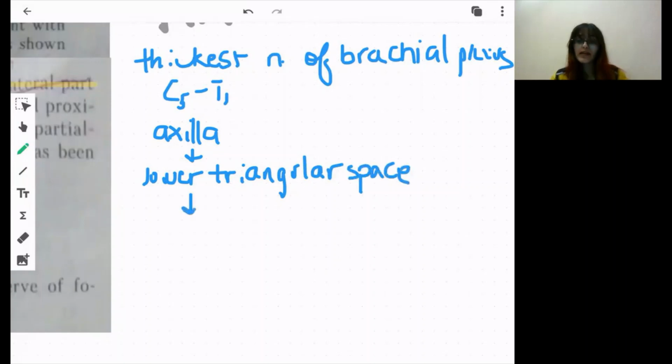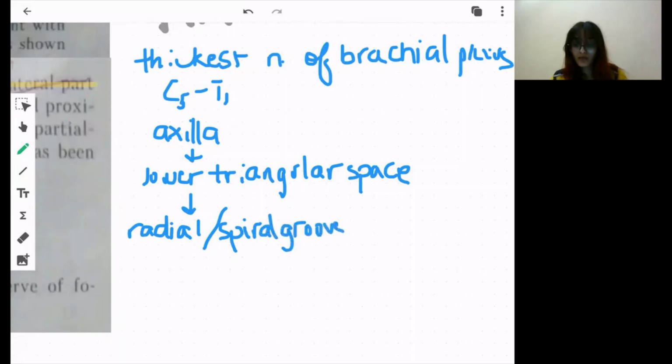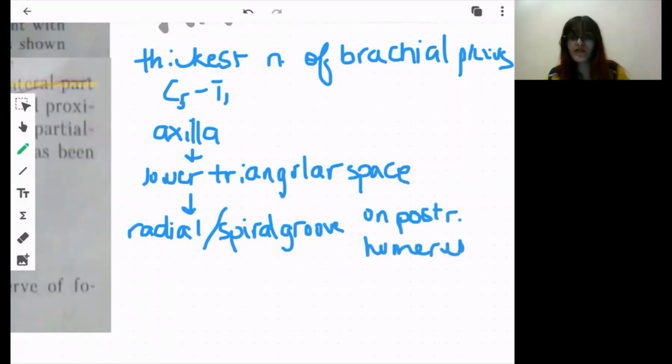Then it is present in the radial groove, also called the spiral groove, that is present on the posterior surface of the humerus.